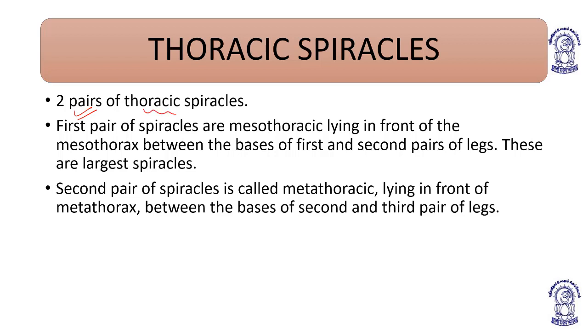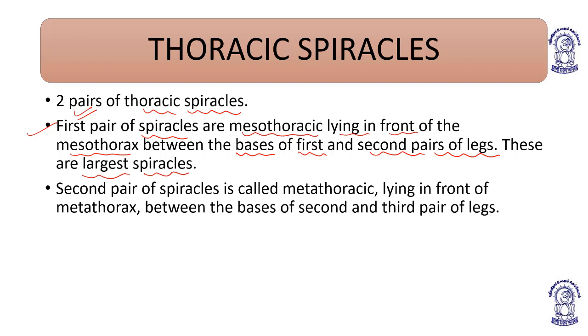The first pair of spiracles is mesothoracic, which lies in front of the mesothorax, between the bases of first and second pairs of legs. These are the largest spiracles, right?